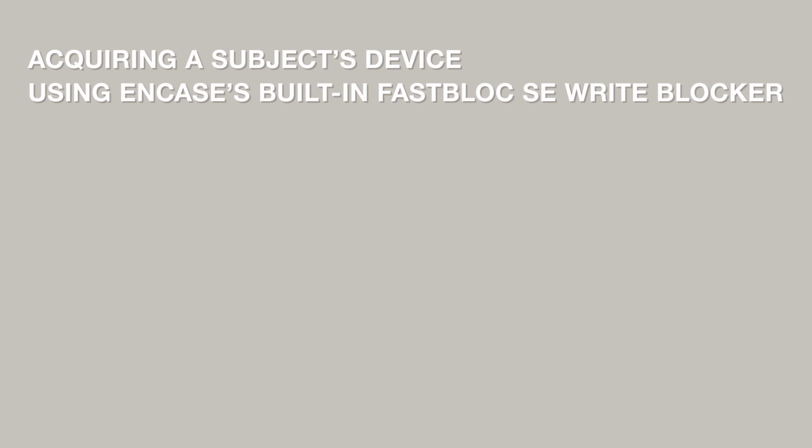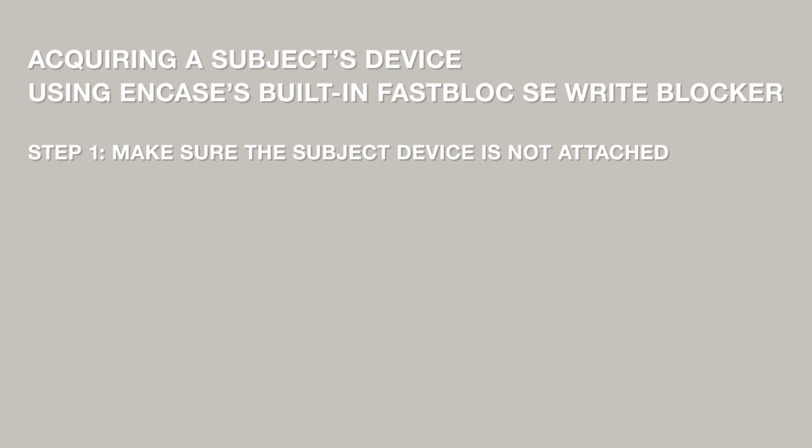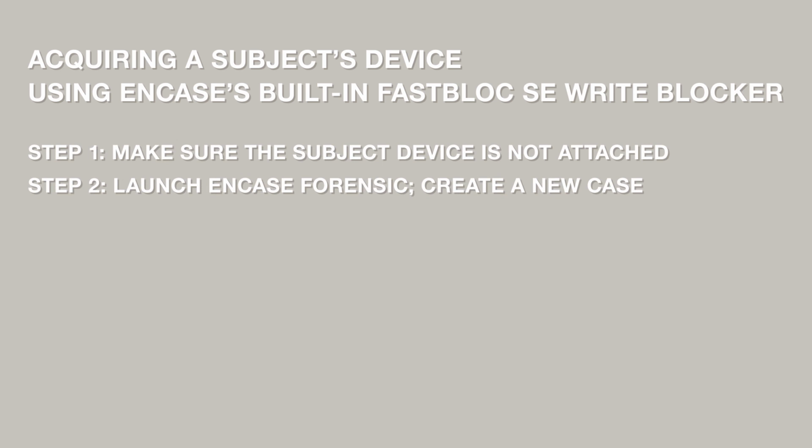Here are the steps of using EnCase's built-in FastBlock SE write blocker to acquire a subject device. First, make sure that the subject device is not connected before we turn on the write block option. Launch EnCase Forensic and create a new case.